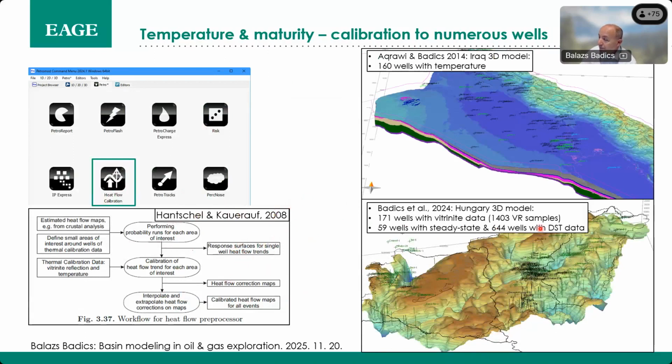When we are talking about very, very large models, which I will show later, for example, on the right-hand side, the upper one from Iraq, we built with Adnan. It has about 160 wells with temperature and about half a million square kilometers. And then the one from Hungary I built has about 600 or 700 wells with temperature. So to calibrate that manually is really, really challenging and time consuming.